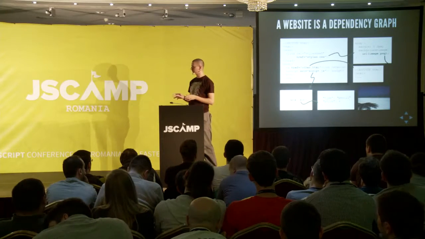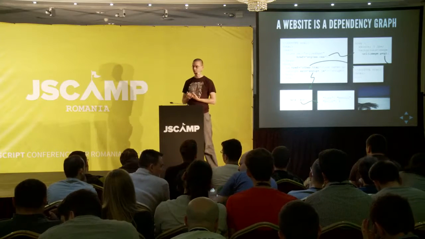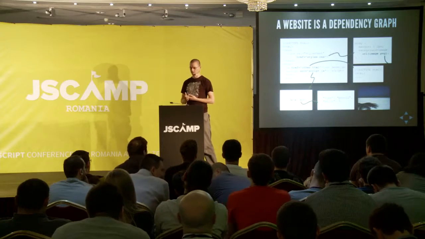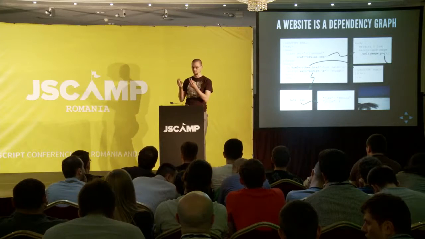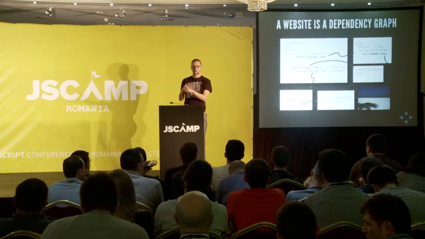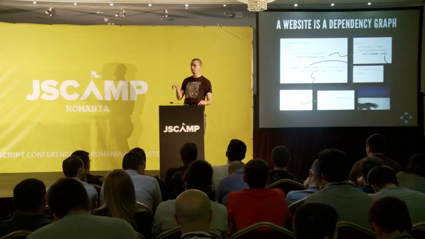So a website can be described as a dependency graph, not as a list of files or a tree, which I think Broccoli tries to make that abstraction at the moment. A website is a graph, and that's very clearly indicated if you have two HTML files linking to each other by means of a menu, for example. If you want to navigate between the two, that's a cyclic dependency.